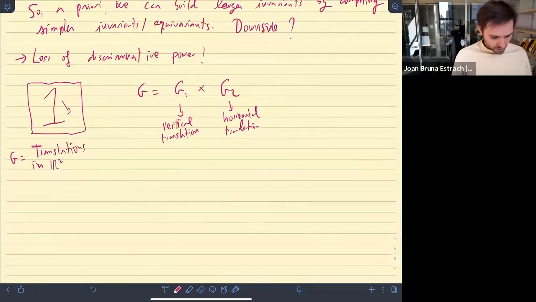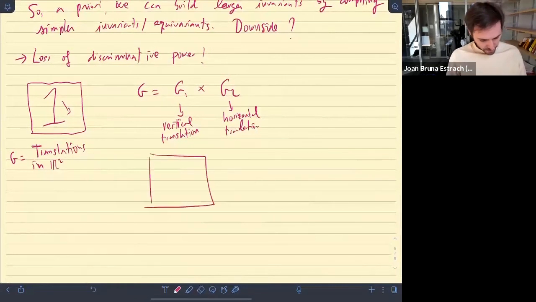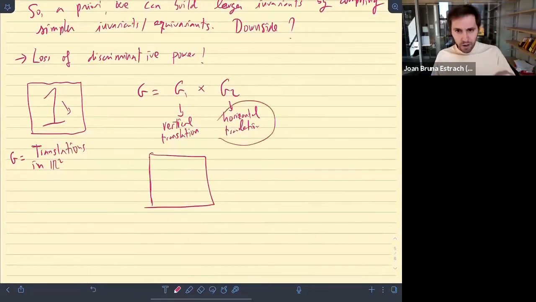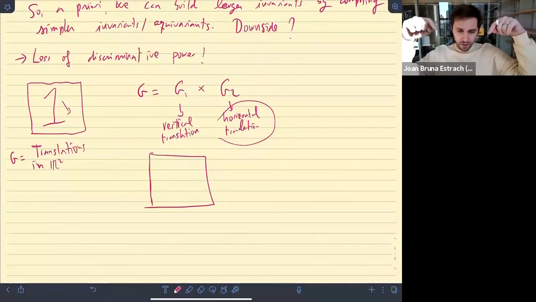Because the horizontal translation only acts row by row, it leaves each row invariant, by definition.